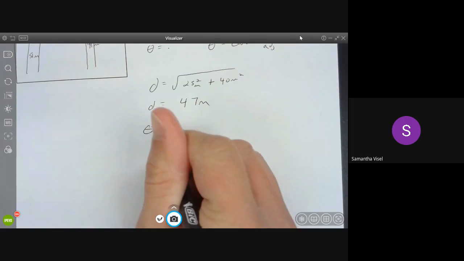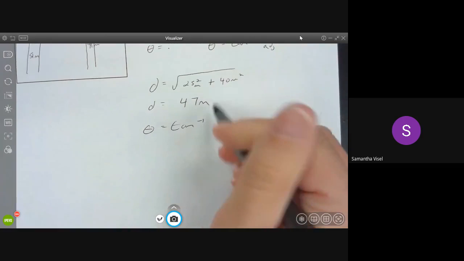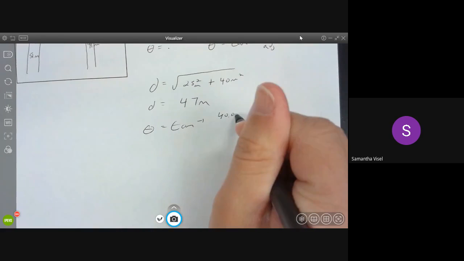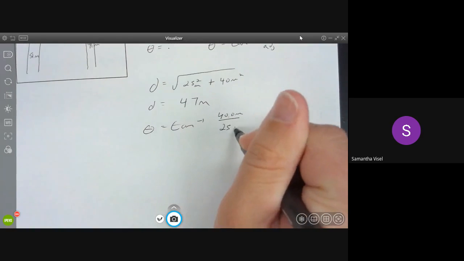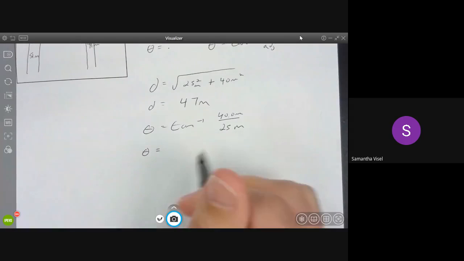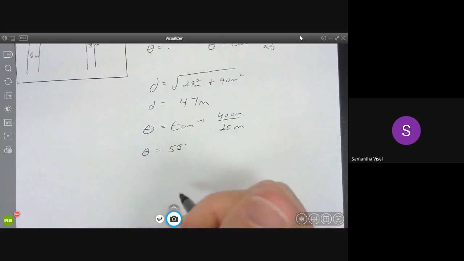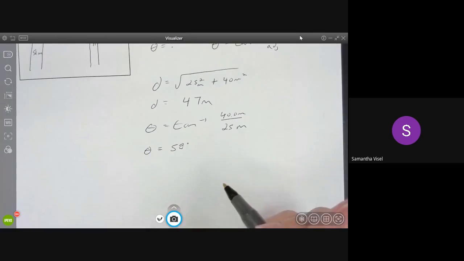And then inverse tan of the opposite leg, 40 meters, over the adjacent leg. And so we get for that one, should be 58 degrees. And so it's good to say directions.